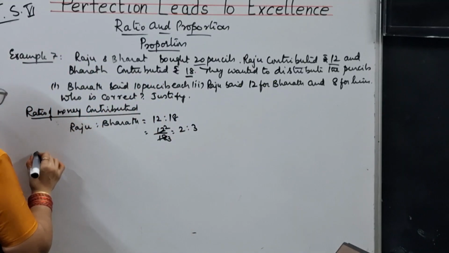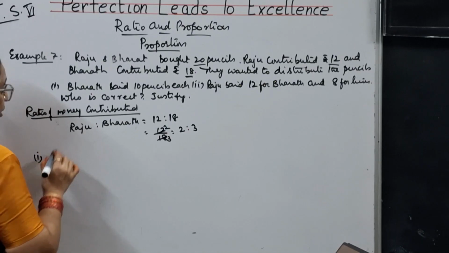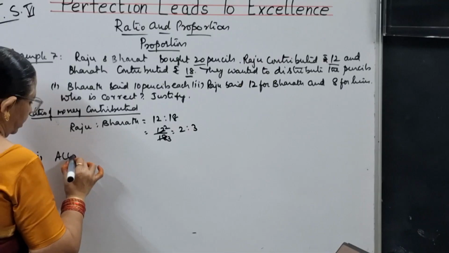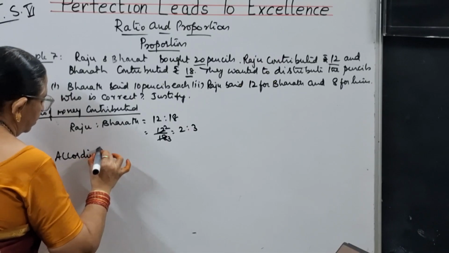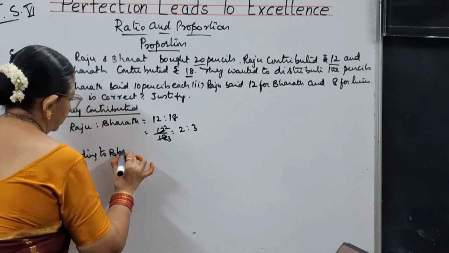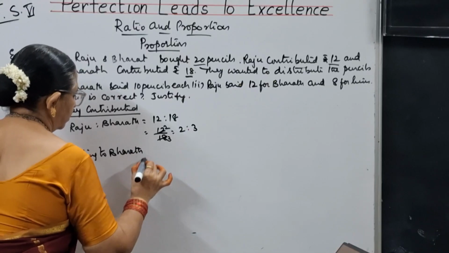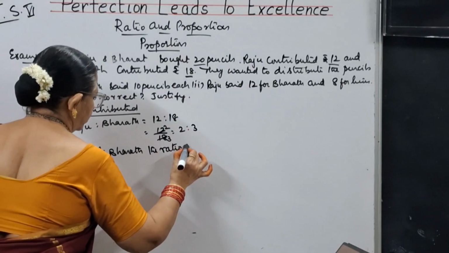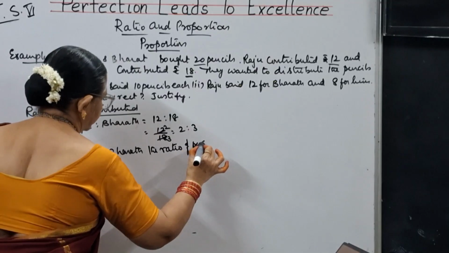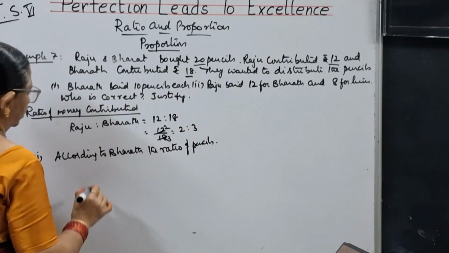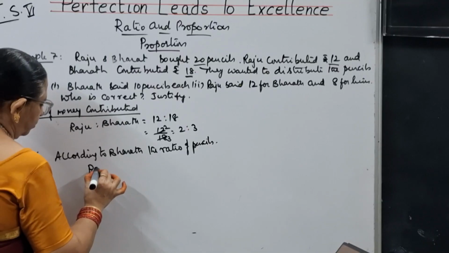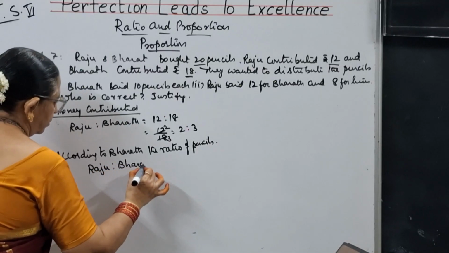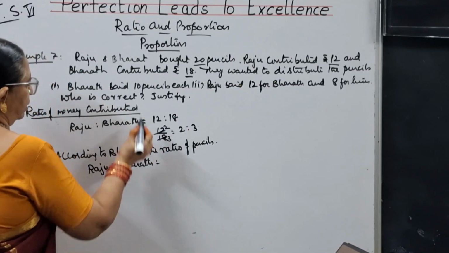Now let us talk about the first bit. According to Bharat, the ratio of pencils, that is Raju is to Bharat, is equal to what he said?